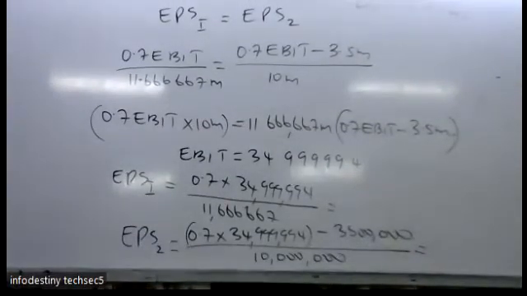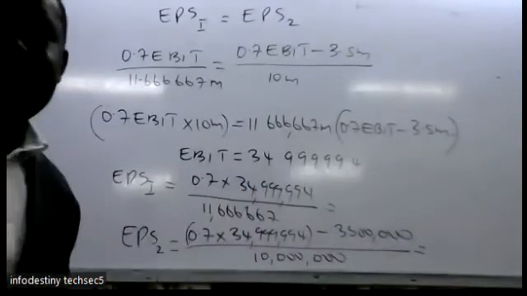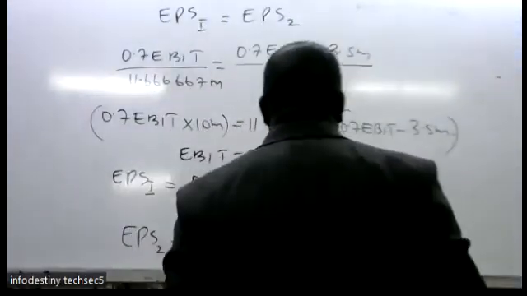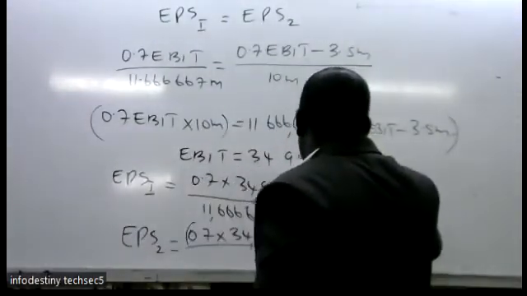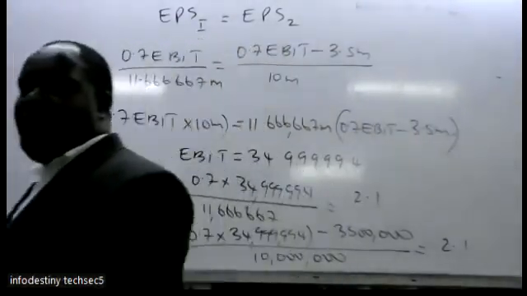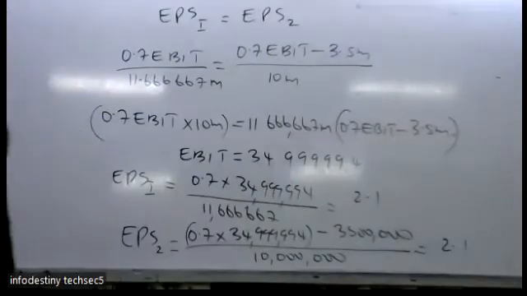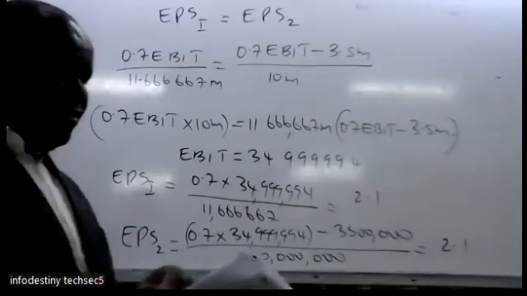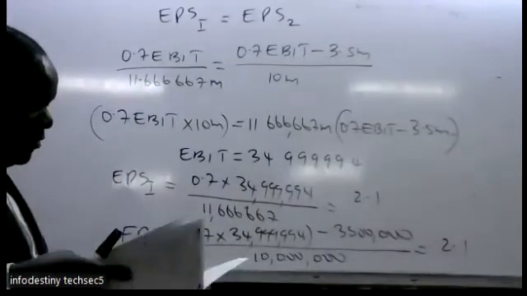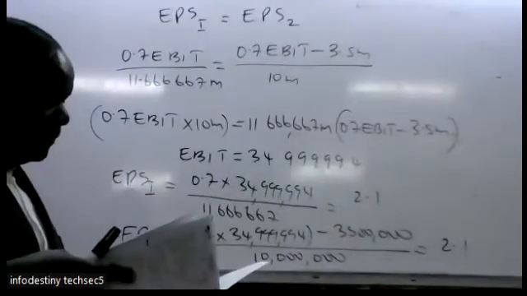We get 2.1, so it is correct. At the point of indifference, earning per share for the two options will be the same, and also earnings before interest and tax for the two options must be the same.